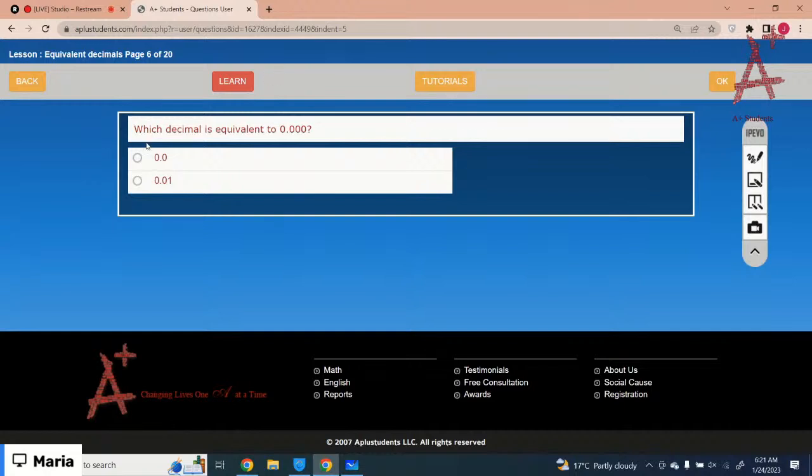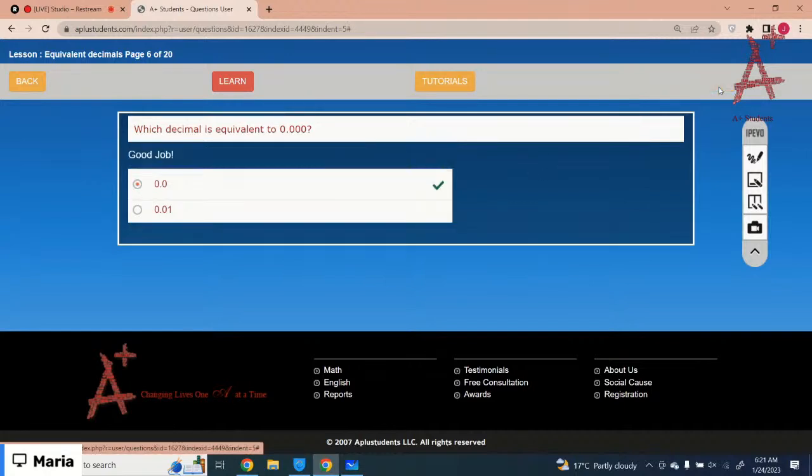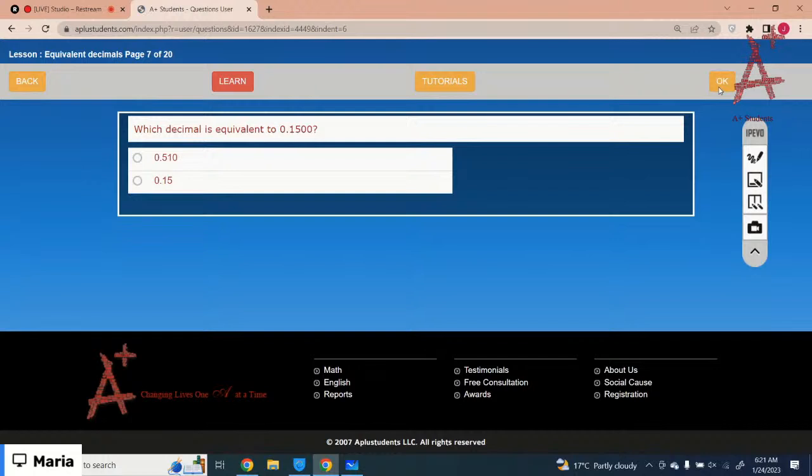Yes, it is equivalent to 0.0. Okay, which decimal is equivalent to 0.1500? It would be 0.15.